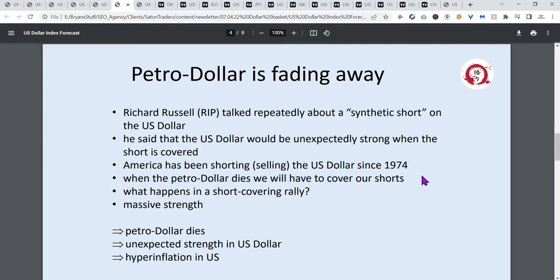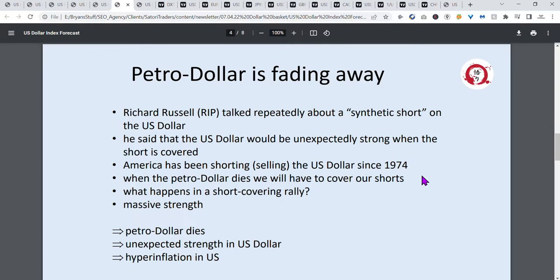And what happens in a short covering rally? Well, a short covering rally is a lightning fast and impulsive movement in price. Basically, a short covering rally in the US dollar would send the US dollar skyrocketing. People are talking about the US dollar possibly hitting 120, and currently it's at 103, 104, somewhere in there.